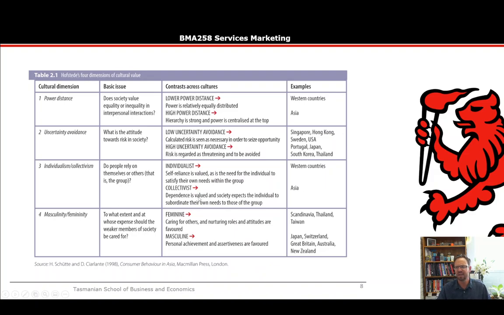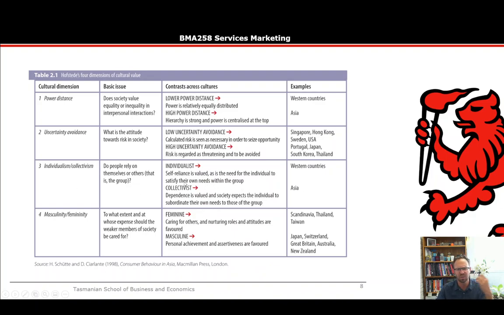The other side of that is collectivist societies, and their dependence is valued as society expects the individual to be subordinate to the group, putting its needs above their own. So then it's not about what we want as an individual, it's about what's best for the group. That's more common in Asian countries. It's quite strong.